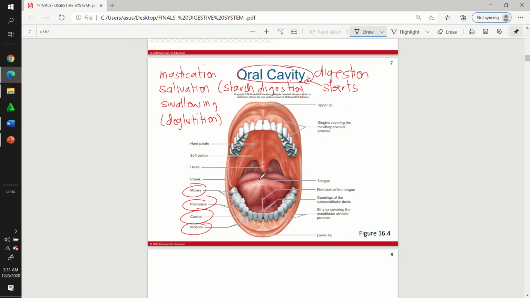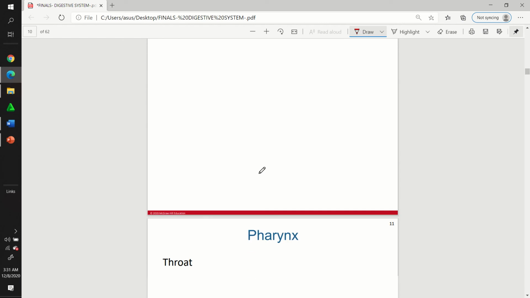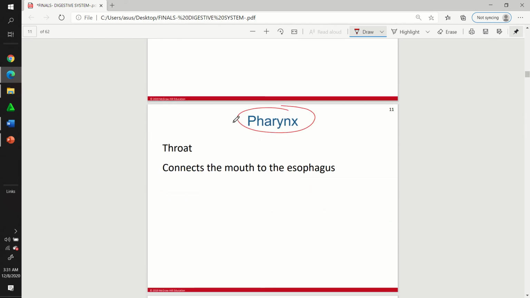When a bolus is formed, your next organ, which aids swallowing by grasping food and propelling it toward the esophagus, is your pharynx. The pharynx connects the mouth to the esophagus. What is the function of your pharynx in your digestive system?